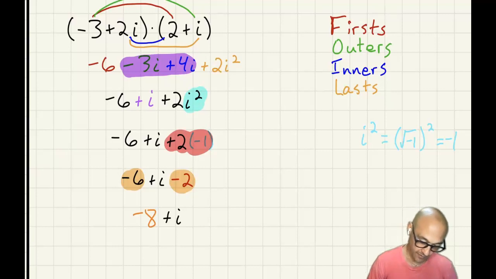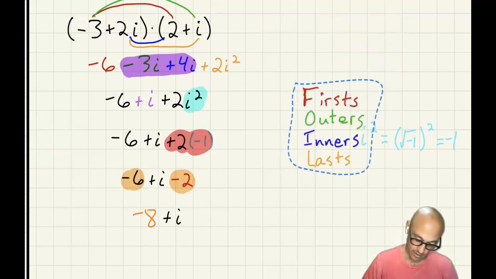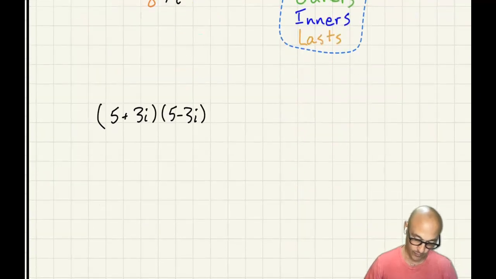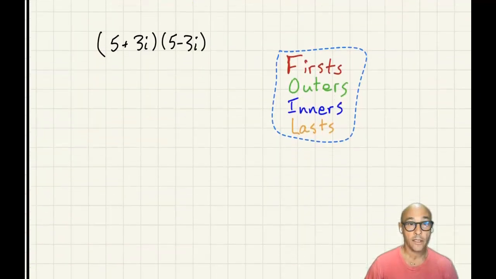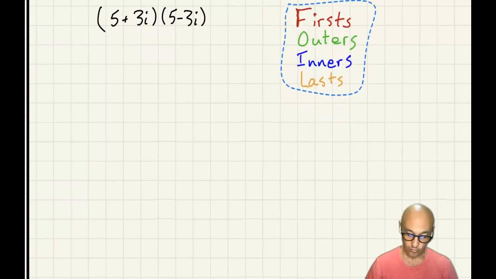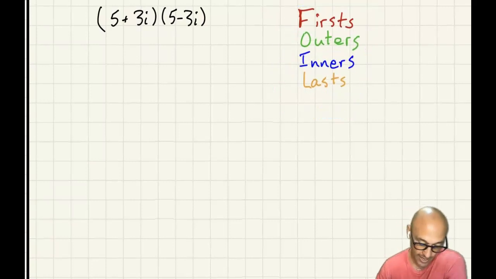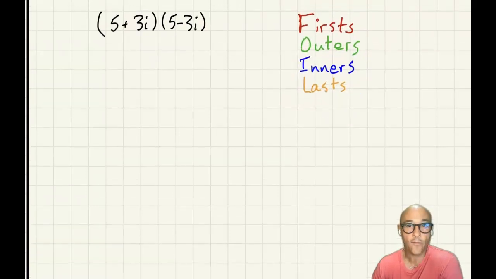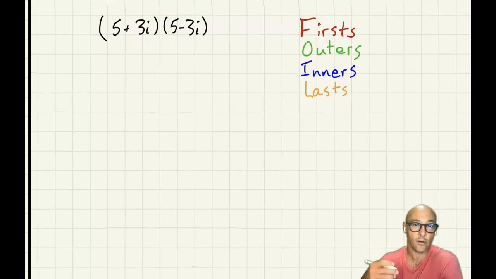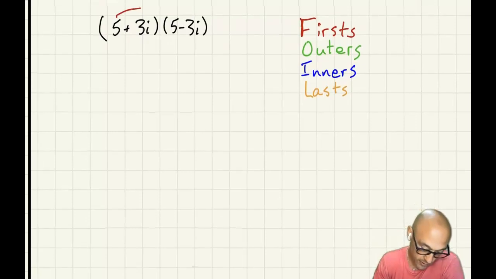So we're going to use this FOIL again on the next problem. It's just the same thing here. Firsts, outers, inners, lasts. I'm not going to be quite so careful with my colors after I do the FOIL. So firsts, 5 times 5 is 25.